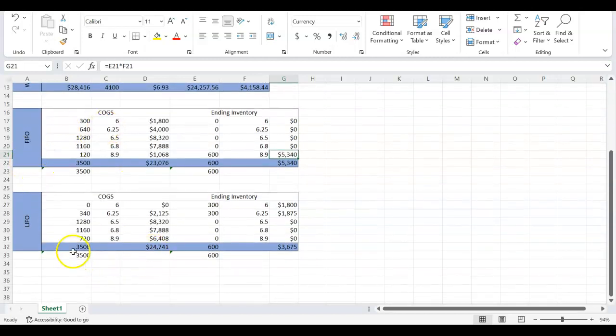And finally, to figure out our last in, first out, I did similar to the first in, first out here. I started with the units that were sold and the ending inventory total at the end, but I worked from the bottom towards the top this time.